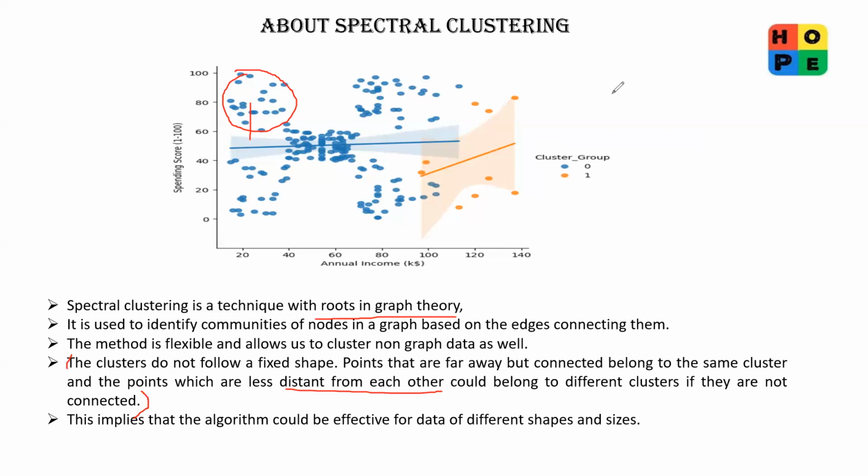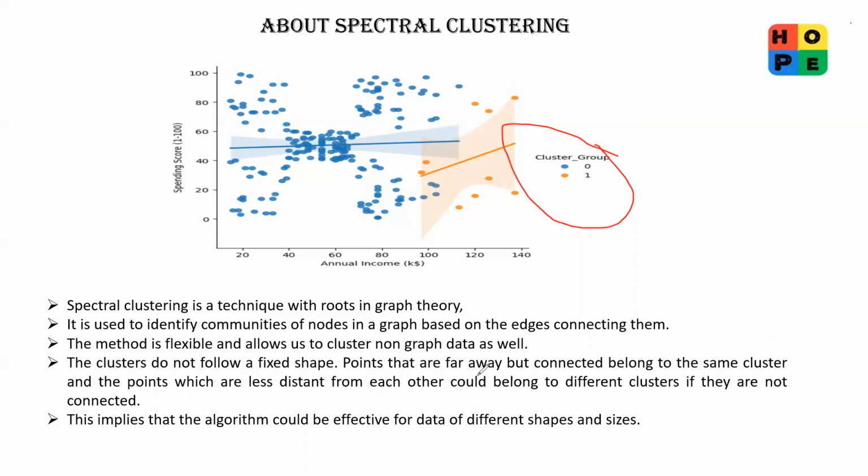If you look at this particular example, we have used mall customers data, and we just plotted it. We got two clusters, one in blue and the other in saffron. If you look at this, the clusters do not follow a fixed shape.